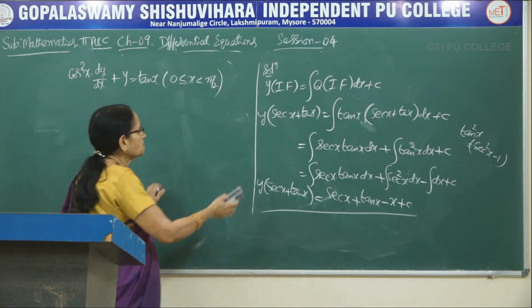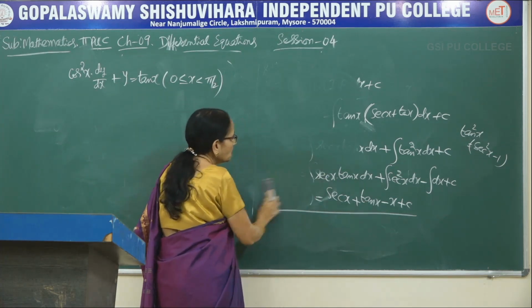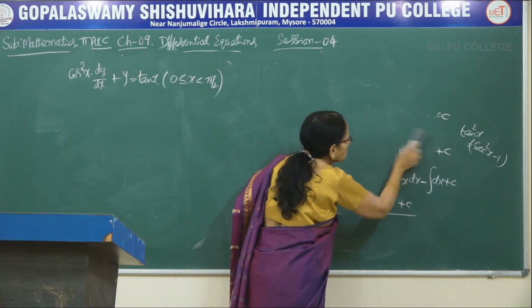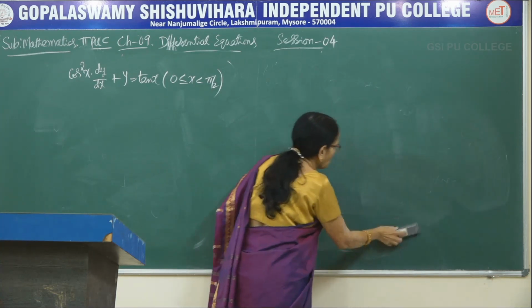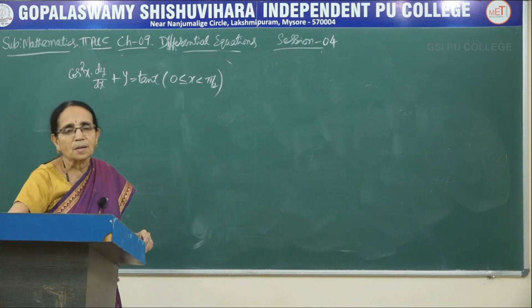Now, look at this one. In all the earlier problems, I had considered dy by dx plus some function is equal to some other function. That means it was directly given in the standard form. Whereas here dy by dx is having a coefficient other than 1.